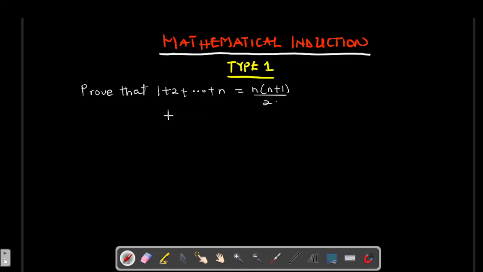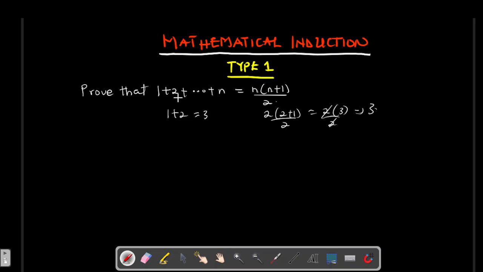Assuming that I have 1 plus 2, I'm adding the first two terms of the positive integers. What do I get? I get 3. When I come here, I use n, which is 2 integers, that is 1 and 2. So I'm going to write 2 multiplying 2 plus 1 all over 2. What do I get? I get 2 times 3 all over 2. This 2 cancels the other 2, giving 3. Meaning it's true.